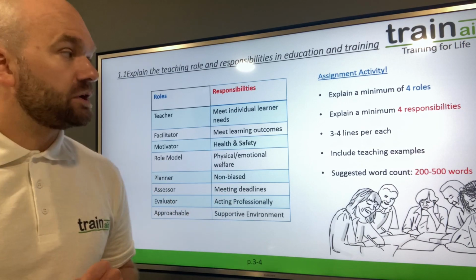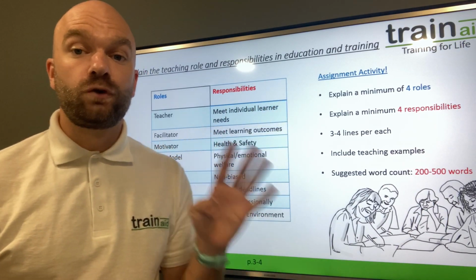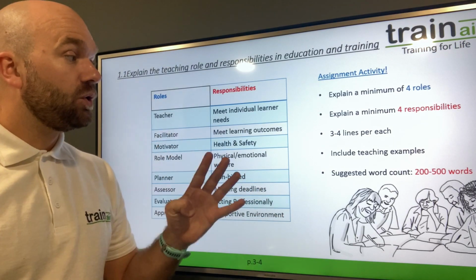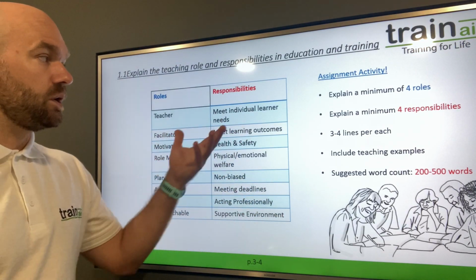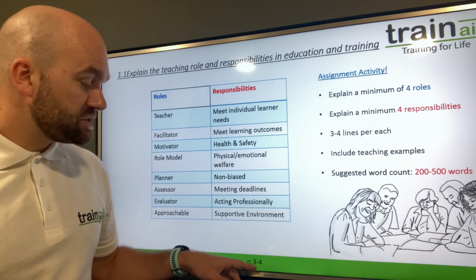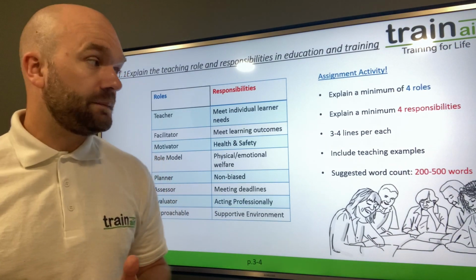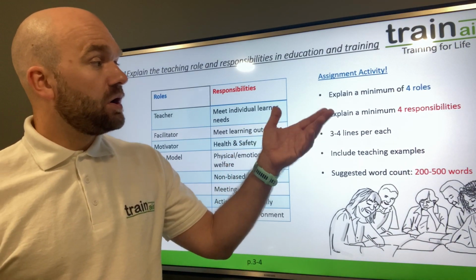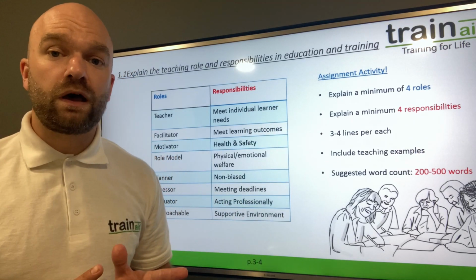For this criteria, what we are looking for you to do is to explain a minimum of 4 roles and 4 responsibilities. Do feel free to use the roles and responsibilities from the table here. The textbook again, the pages are 3 and 4, so have a look at that. In terms of each role and each responsibility, we're looking for roughly 3 to 4 lines.